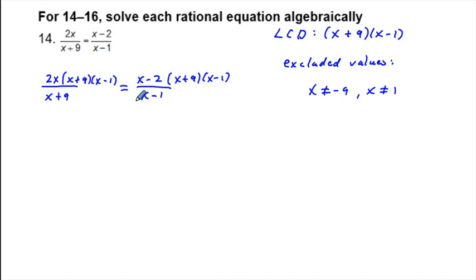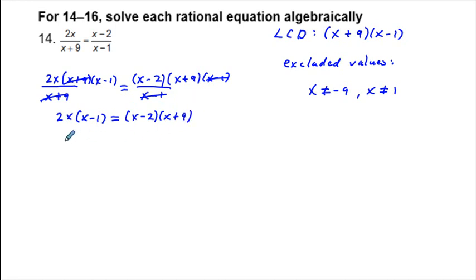We're going to cancel out x plus 9 on the left side, and x minus 1 on the right side. So what we have left is 2x times quantity x minus 1 is equal to x minus 2 times quantity x plus 9.